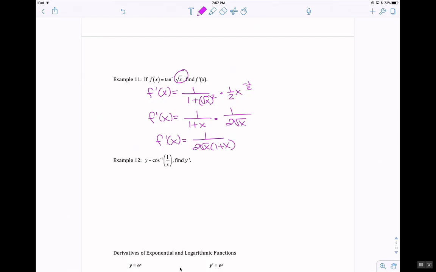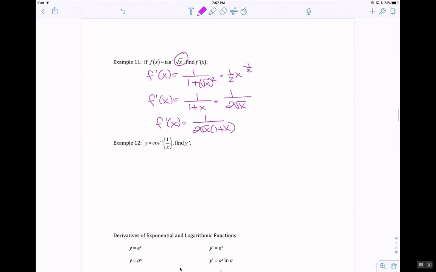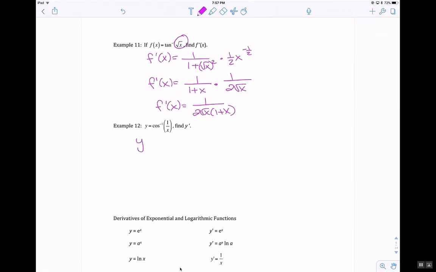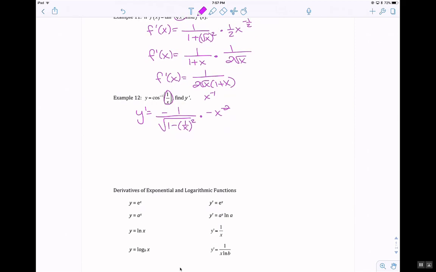Okay, and then arc cosine. So y prime is equal to negative 1 divided by the square root of 1 minus (1 over x) the quantity squared, and then times my derivative of 1 over x. So 1 over x is the same thing as x to the negative first power, so this is negative x to the negative second power.